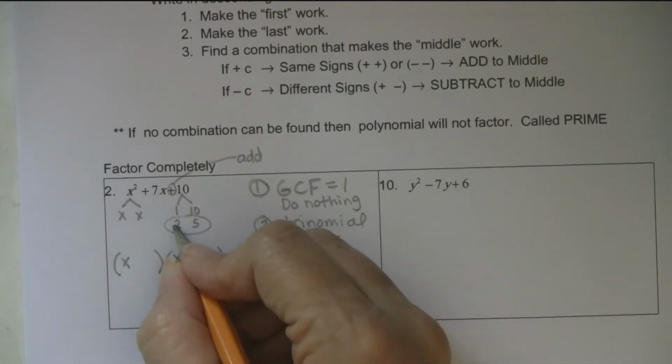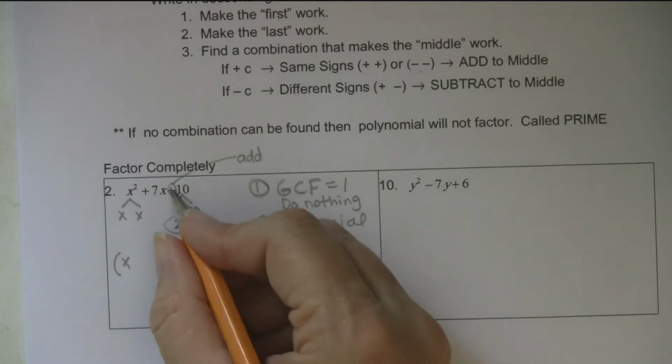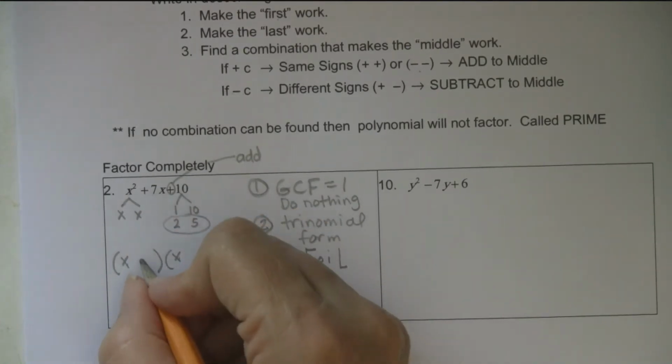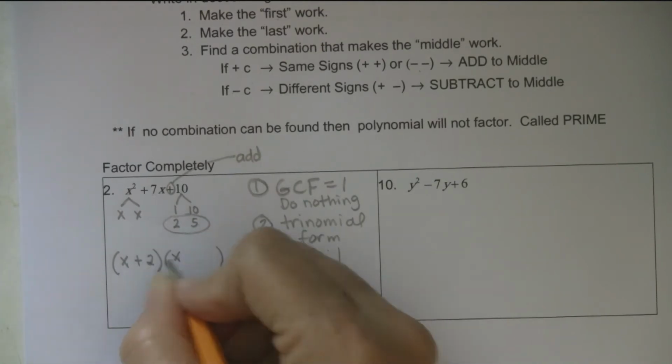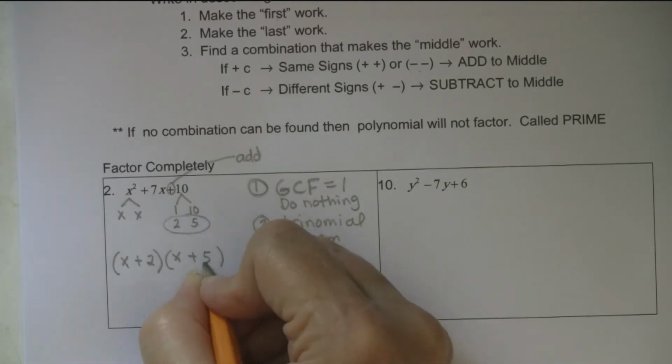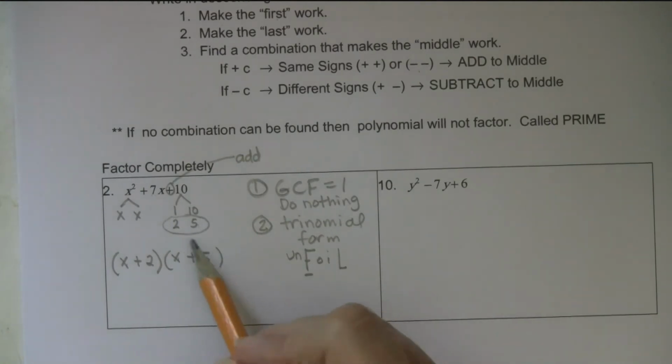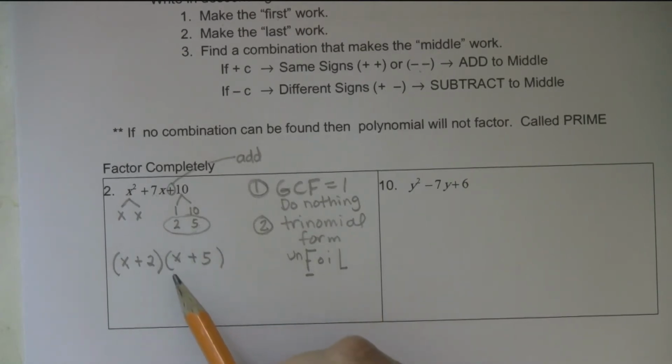I want these both to be positive so that they make positive 10. And when I add them, I get positive 7. So I want this to be positive 2 and positive 5. And I want to show you that even though I could see this made 7 when I added, it was really 7x.